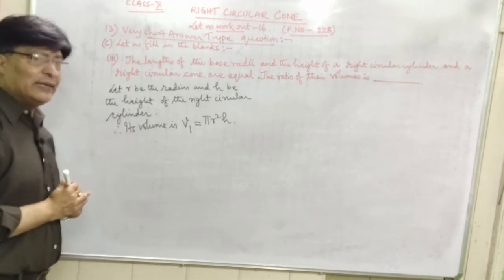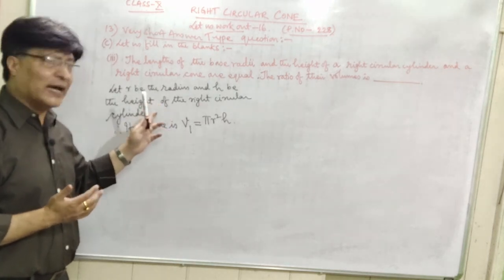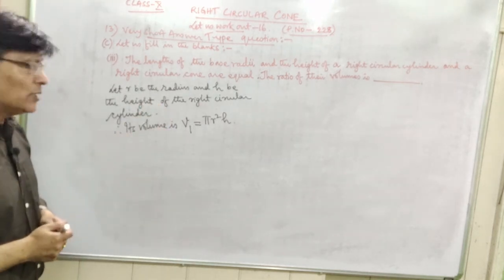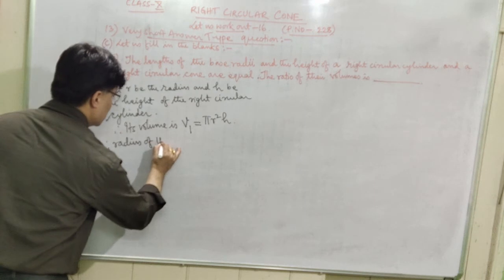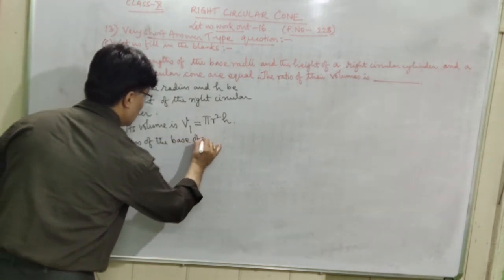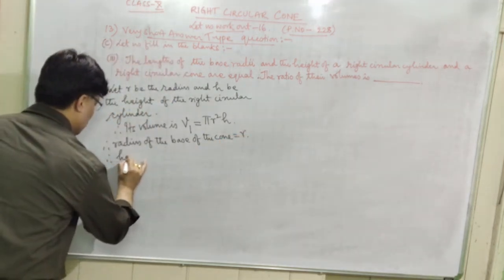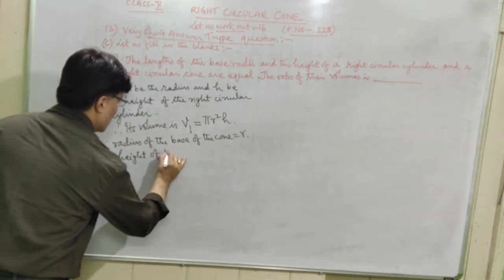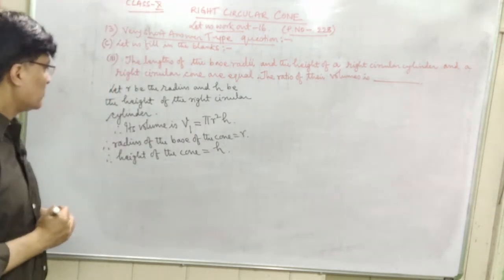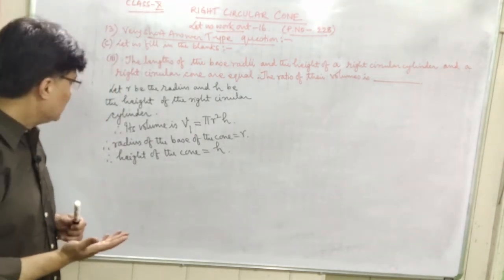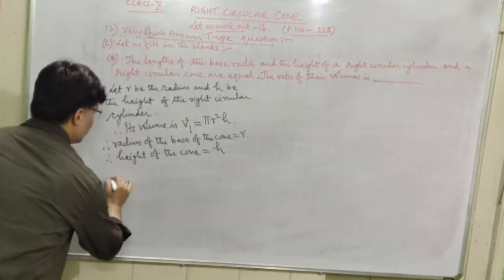Now again, what is the radius of the base of the cone? It is the same as the cylinder, that is radius r. And what is its height? It is the same as the cylinder, that is H. So therefore, the radius of the base of the cone is equal to r, and the height of the cone is the same as the cylinder, that is also H. So what is its volume?